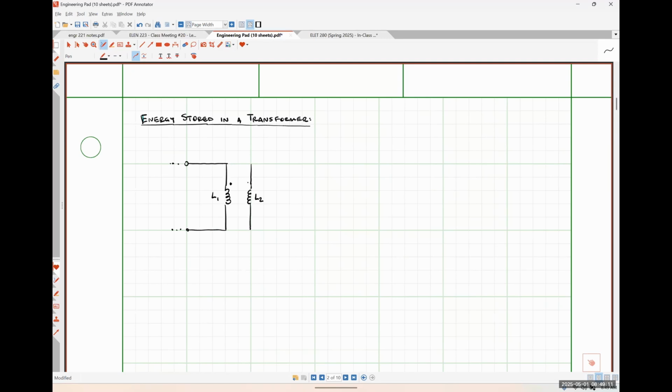And then here is some inductance L2. Here's our mutual inductance M. Like so. And I'm going to define things for now such that our current I1 is flowing into the dot and our current I2, let me write it above like I did for this one, is flowing into the dot.